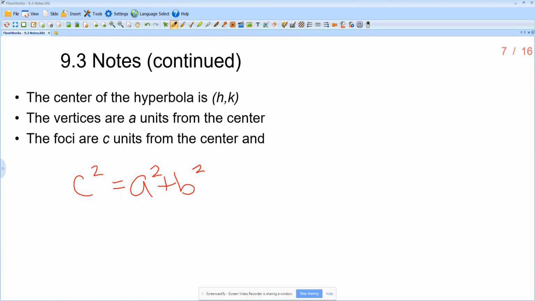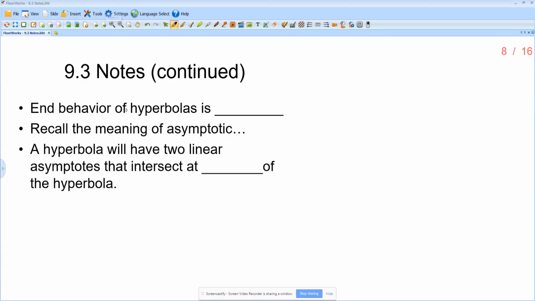It just switches. And then the really cool thing is that the end behavior of hyperbolas is asymptotic. Recall the meaning of asymptotic. What that means is that you have two lines, in this case, which the hyperbola is constantly going to get closer and closer to, but it's going to be bounded by them.